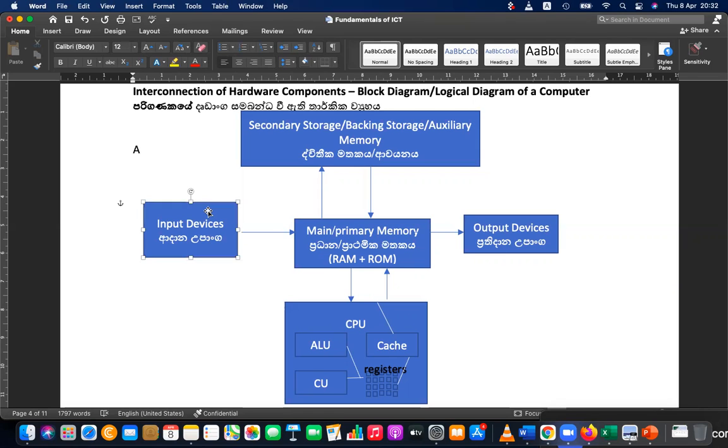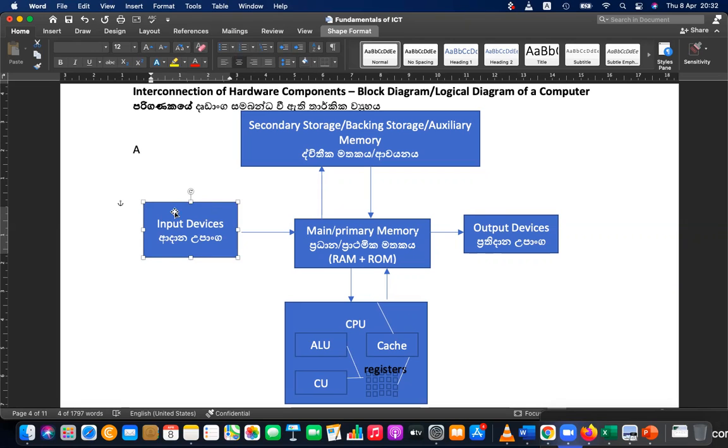Anyway, inputs, as you said, 8 plus 10 is 18. First, 8 plus 10 will go to the memory and it will send it to the processor for calculations. What is there in the memory will be sent to the processor, and the processor will calculate that.